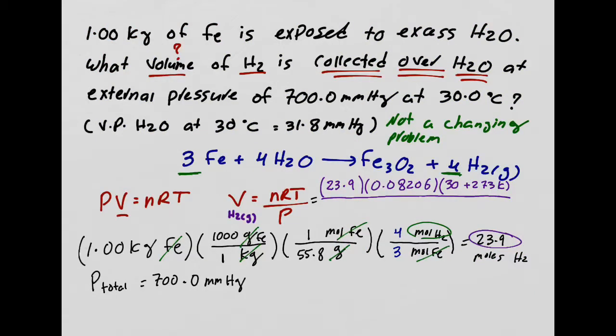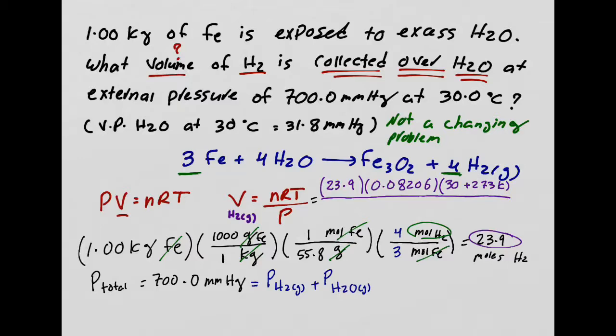So this 700 millimeters of mercury that they give you is technically the pressure of H2 gas plus the pressure of H2O gas, because you don't just have H2 in there, you also have H2O.